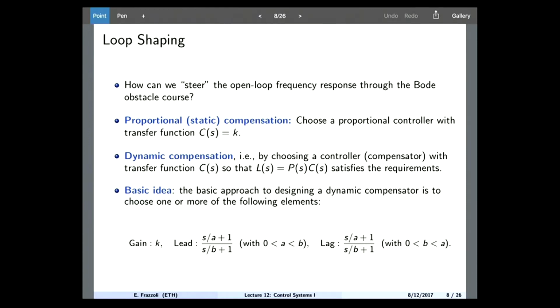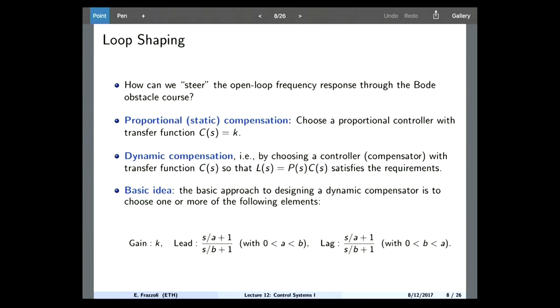So we choose a controller, which in this case is also called a compensator, which is not a static system but a dynamical system. So it's not just a gain, okay? Now it's something that actually has a transfer function, and we write this transfer function C of s. How do we design this transfer function?